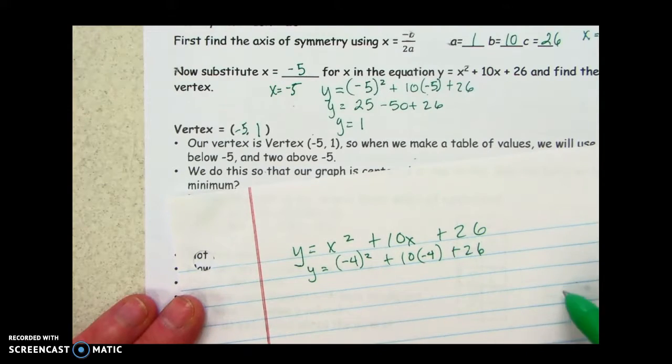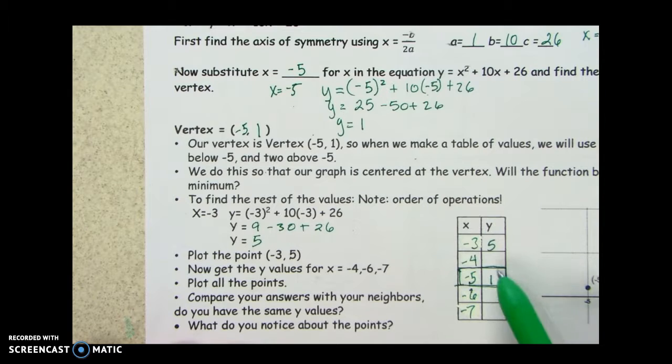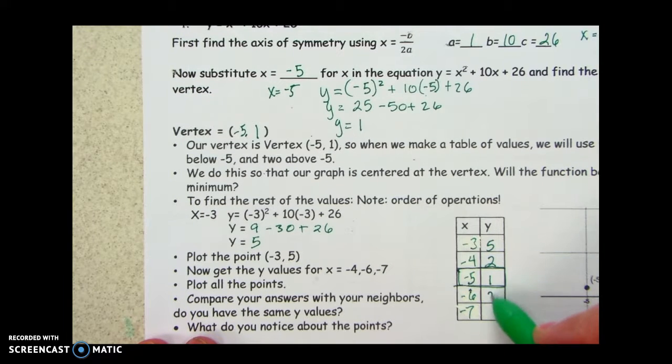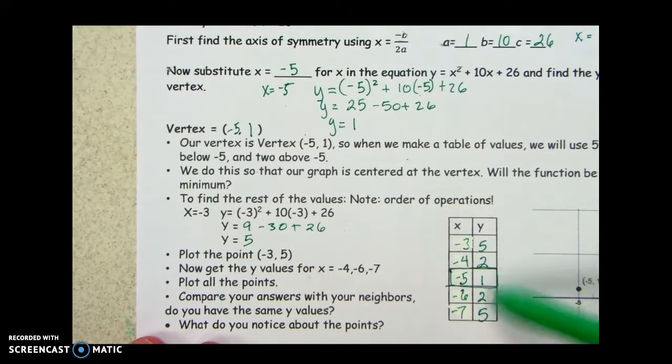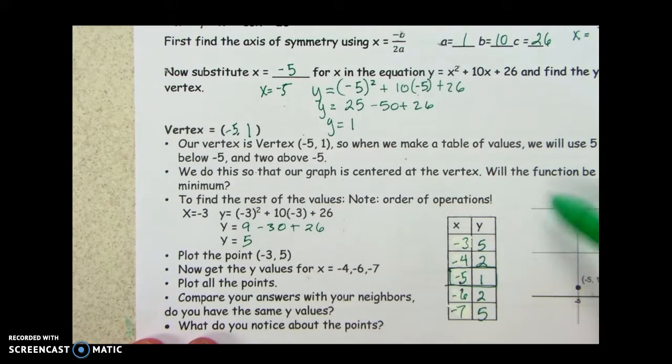And then I'm going to keep going through and do the same thing with negative 6, negative 7. Now when I've done that, I'm going to end up getting a 2 here, a 2 here, and a 5 here. Now, don't just write in those numbers. Work it through and make sure you get the same thing, because you have to know how to work those through.